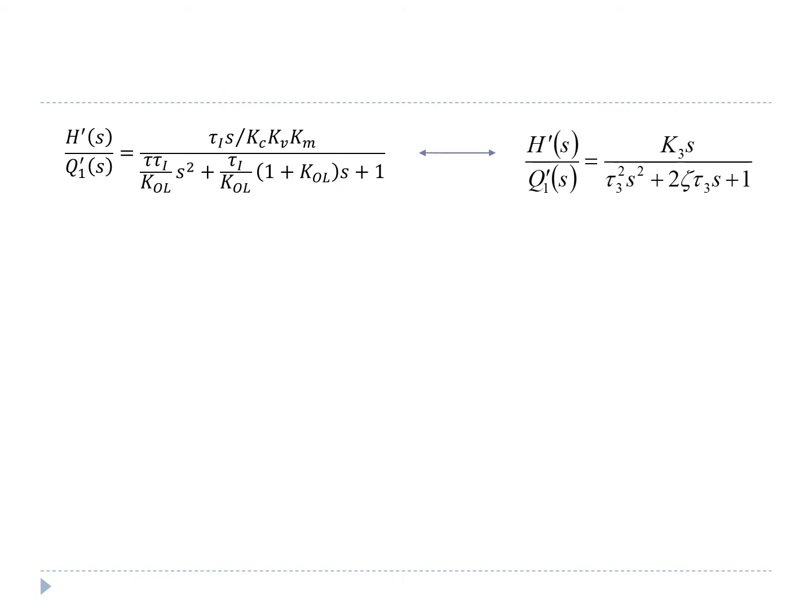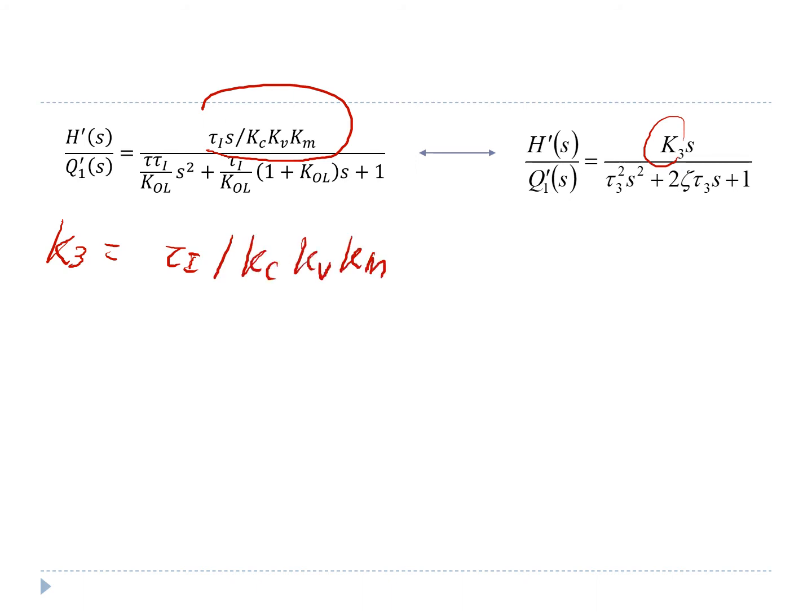Now comparing the K3 term, you know that K3 equals tau I over Kc Kv Km, and then comparing this term with tau 3 square, you know that tau 3 square equals tau I over KOL.